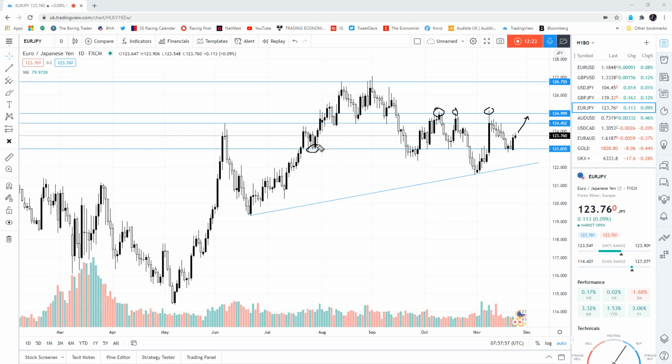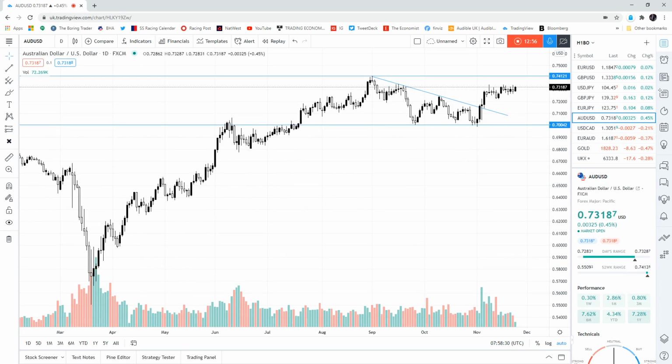We also have this level here, which is 1.23, big round number, to keep your eye on, which has served as support and also resistance in the past. So there's a lot of these horizontal levels that the markets like to respect, and especially big round numbers. They play a huge role in the yen pairs, particularly in dollar yen. If you've been following the analysis before I started these videos, I used to make that a big thing, that the big round numbers are something that you should follow.